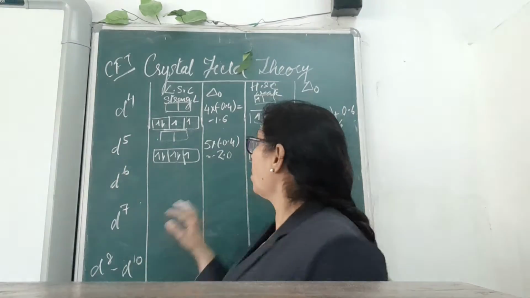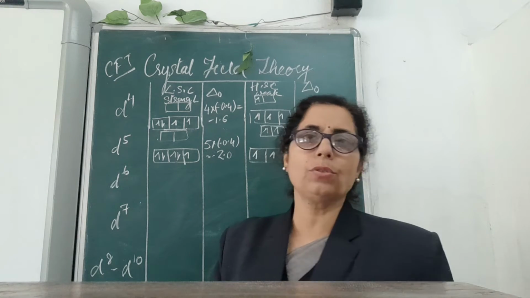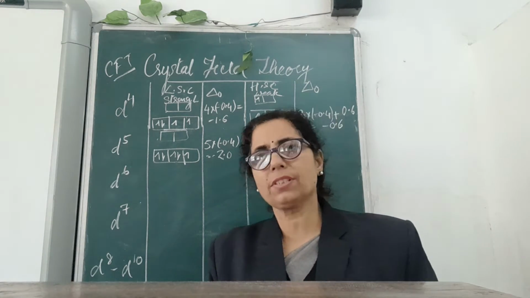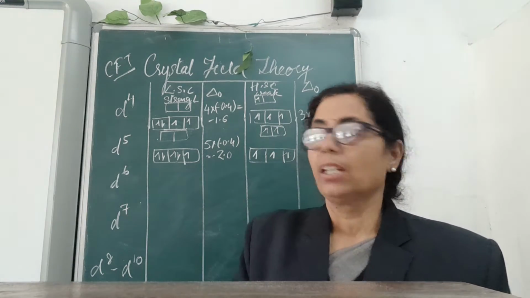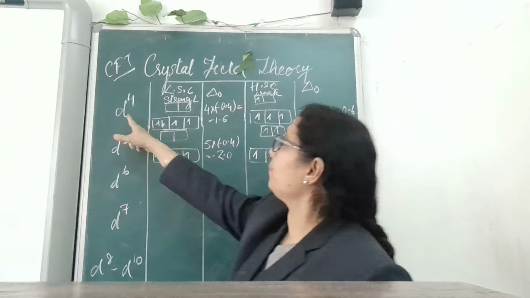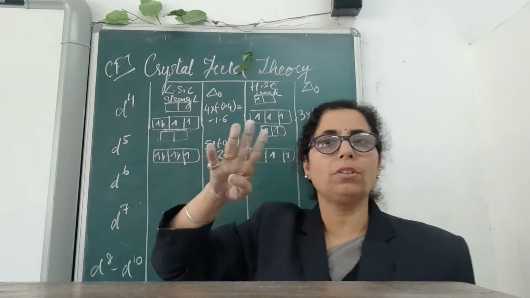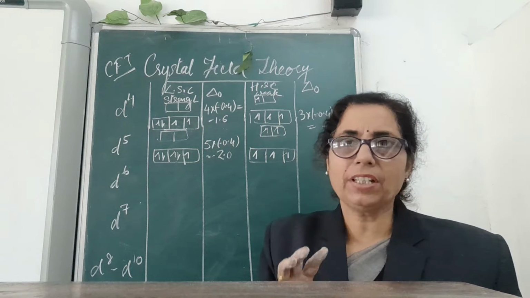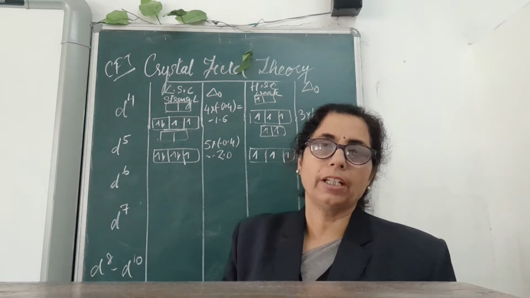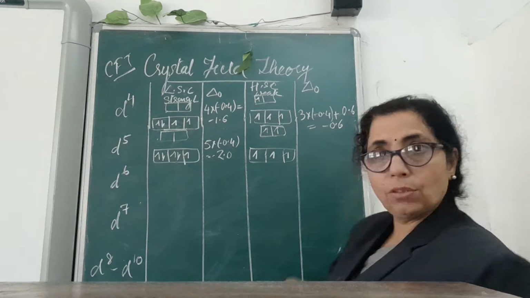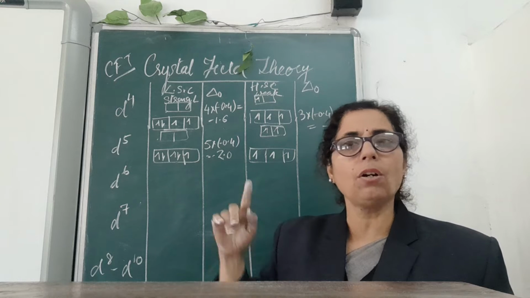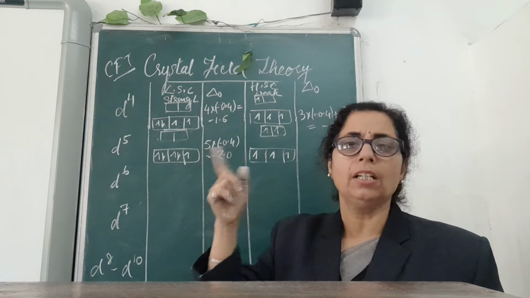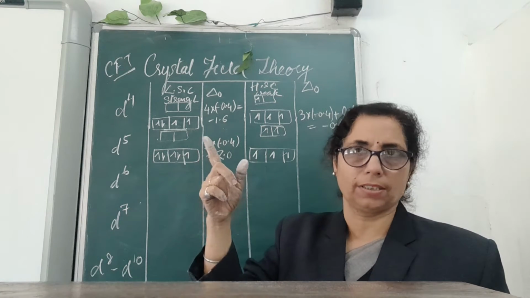Yes children, as I told you, the first 3 electrons will enter into the lower orbitals. Now for d4, meaning the 4th electron in the d orbital, where will it go? Will it go to T2g, at the lower energy level, or to the upper orbitals having higher energies?